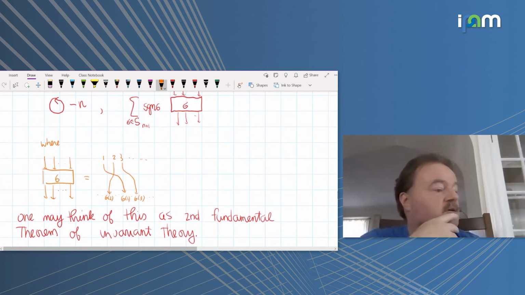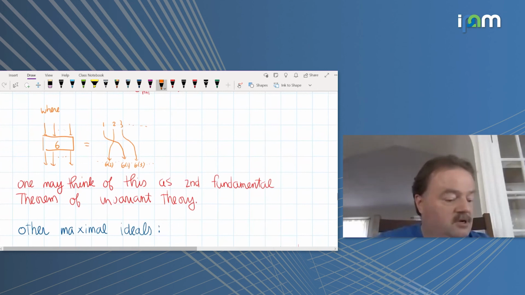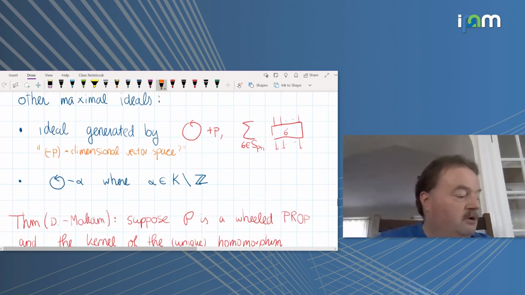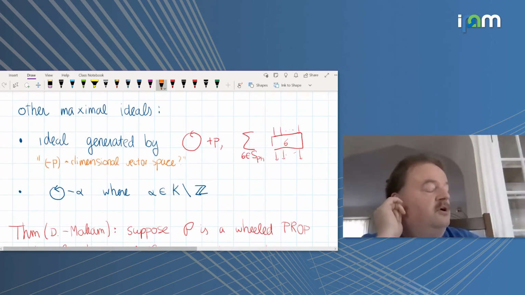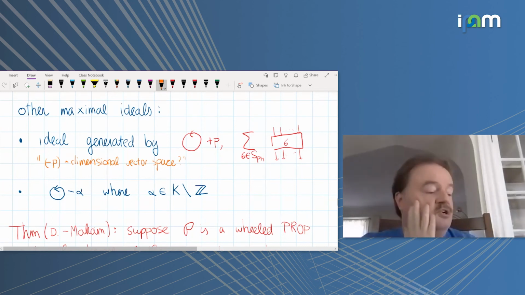Or in fact, it's actually a maximal ideal. So here is the description of all prime ideals and all ideals, which is somewhat more complicated, but all maximal ideals are basically the ones that I just showed.